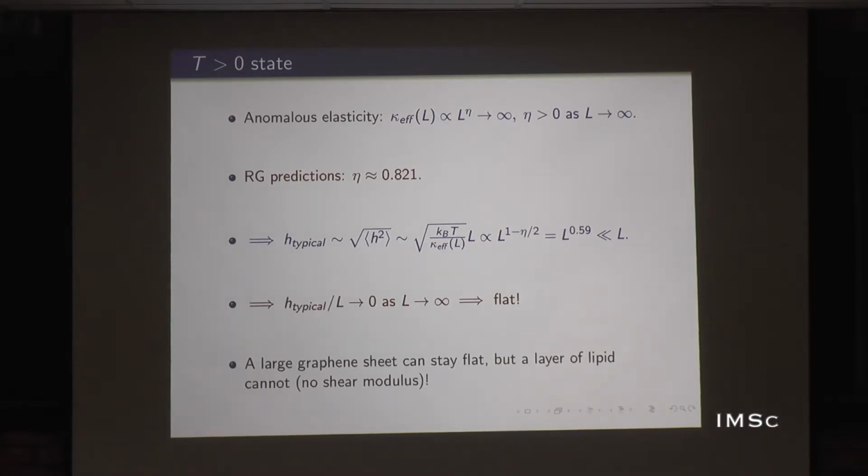If you take a very large membrane, the relative fluctuation will essentially vanish, so it will basically stay flat. So a large graphene sheet can stay flat, but a layer of lipid cannot because it has no shear modulus.